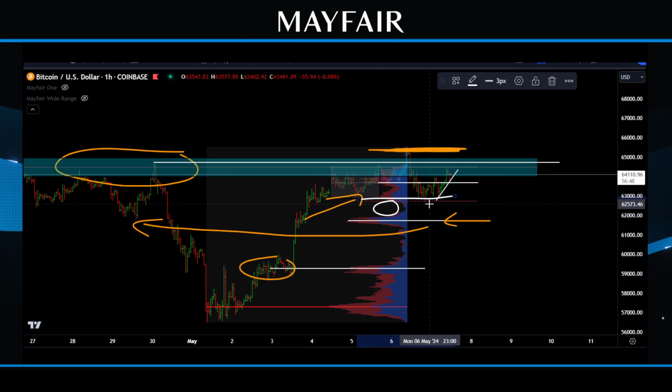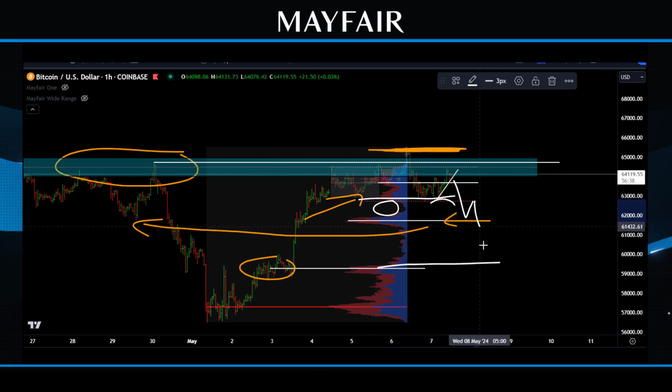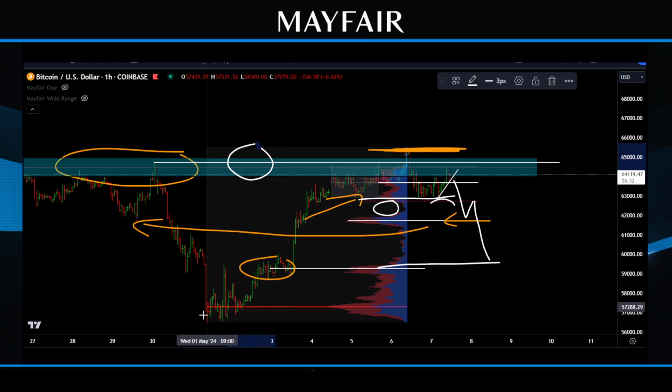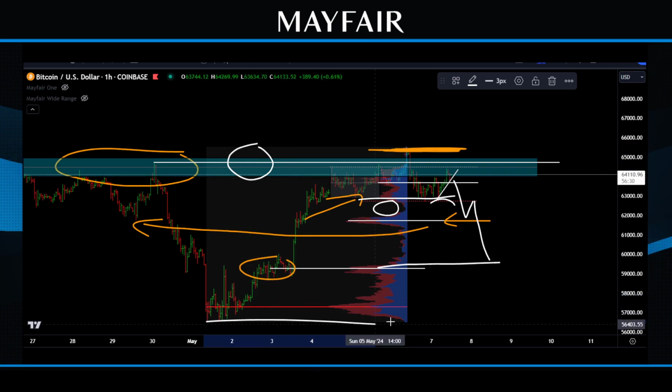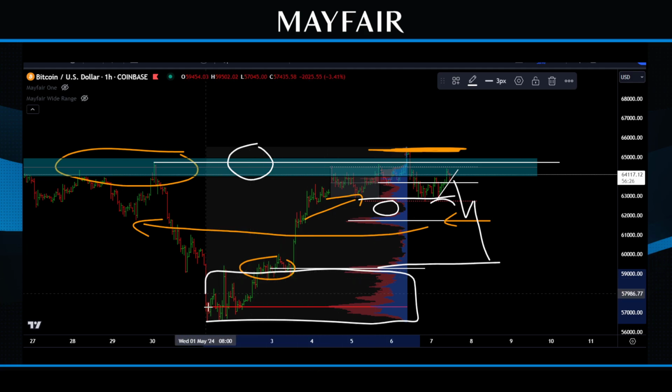So if the price breaks down through, this is the drop, the retest, right? Then what you have is the potential for a deeper drop. But then what you've got is the same as this up here being the resistance. You've now got an awful lot of support all the way around there.